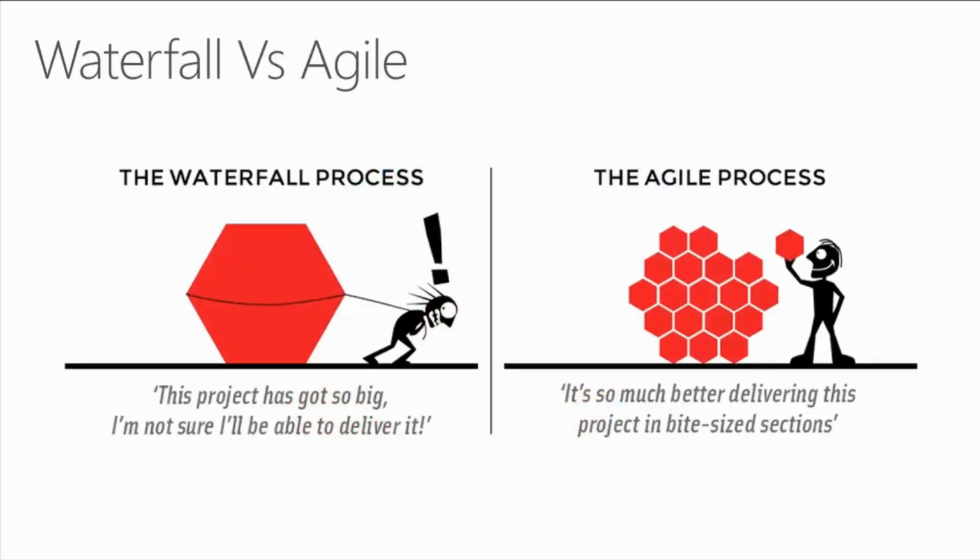So here, once again, the basic difference. With the waterfall process, this project has got so big, I'm not sure I'll be able to deliver it. On the other hand, the agile process says it's so much better delivering this project in bite-sized sections.